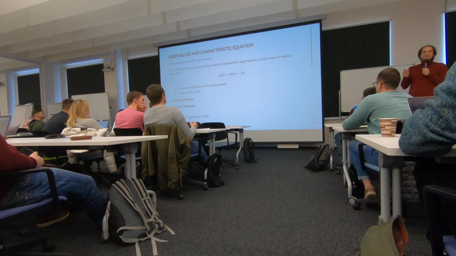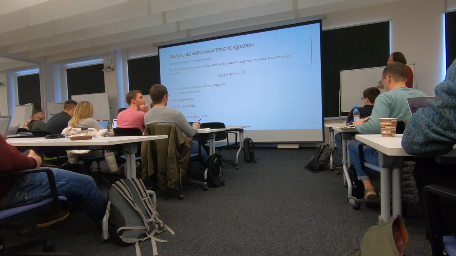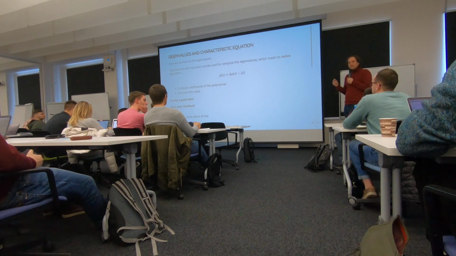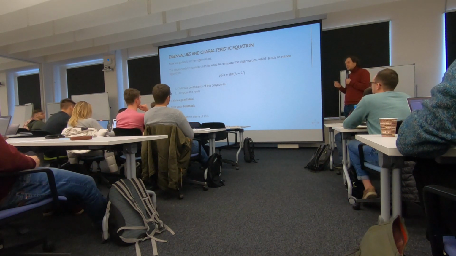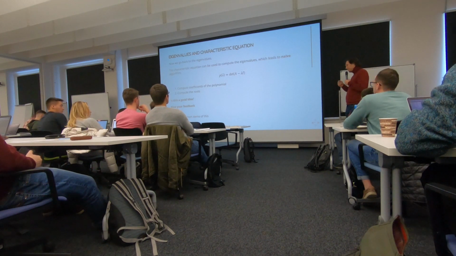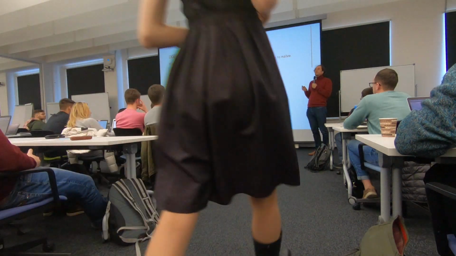If you have the standard representation of the polynomial in terms of monomials, as we all do, this is a very ill-conditioned problem. Computing the roots of the polynomial from its coefficients is an ill-conditioned problem. Computing the eigenvalues of the matrix from the entries of the matrix is a much better conditioned problem.